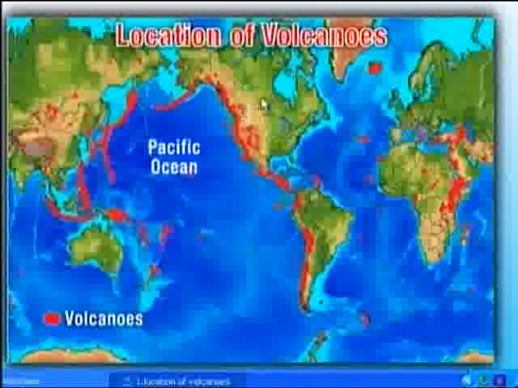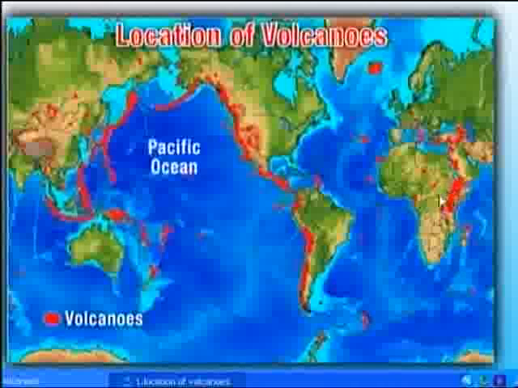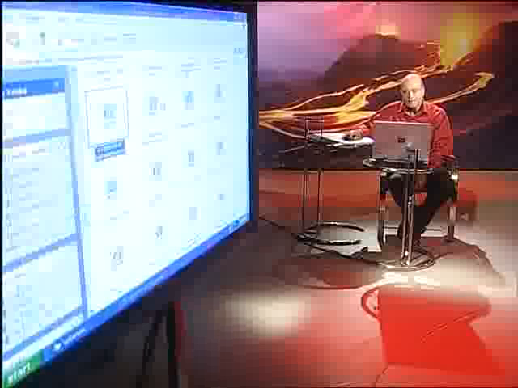For example, no volcano in the center of North America, no volcano in the center of South America, no volcano in the center of Australia, and no volcano in the center of Asia, with the exception, of course, of Africa, where there are volcanoes along rift valleys.